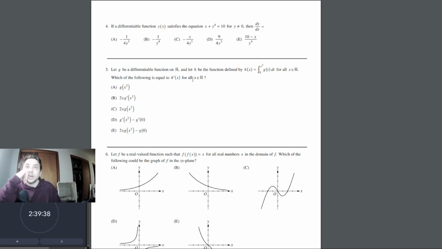H prime of X for all X real. Okay, G is a function on real numbers. H is the function defined by X squared, a different function, for all real numbers. The derivative for all real numbers.